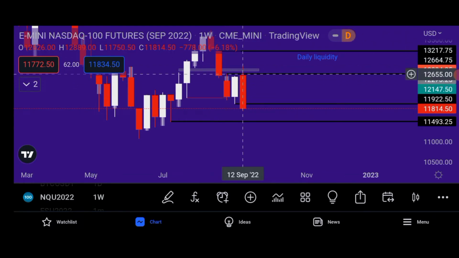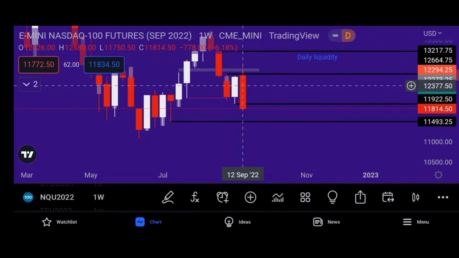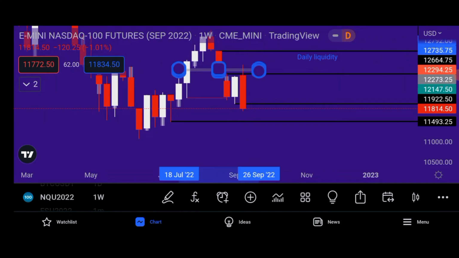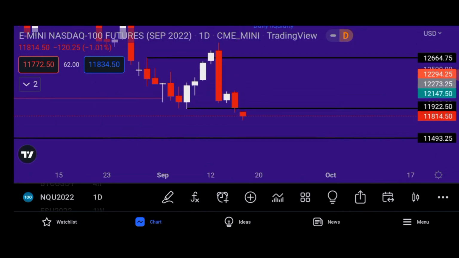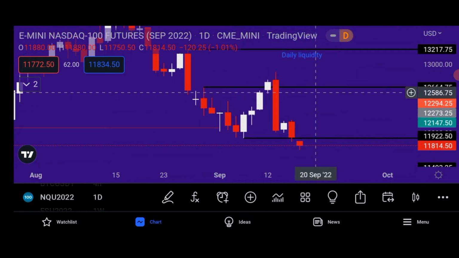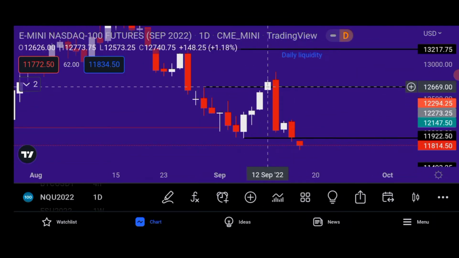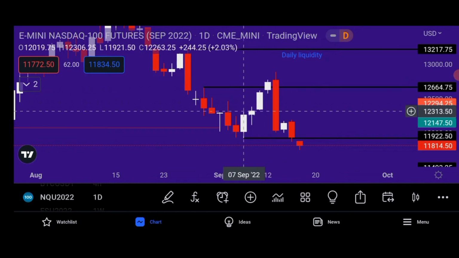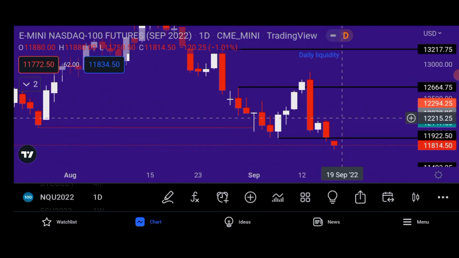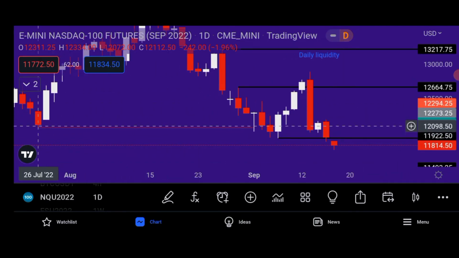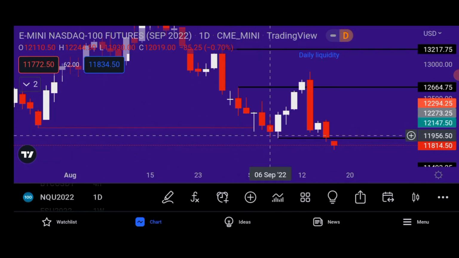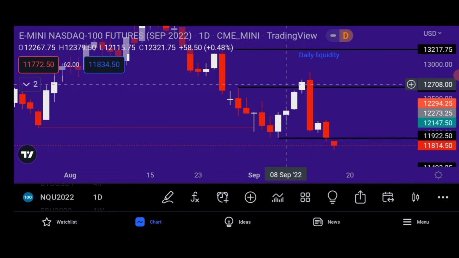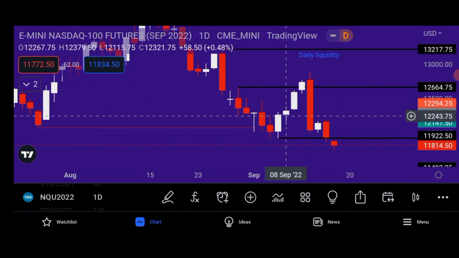This week I was expecting higher prices, but first I went to the daily time frame to get my highs and lows. So on the daily time frame, what did I see? I was looking at the market before all this formed, and at that point I saw a low here that the market ran, and then it reversed.